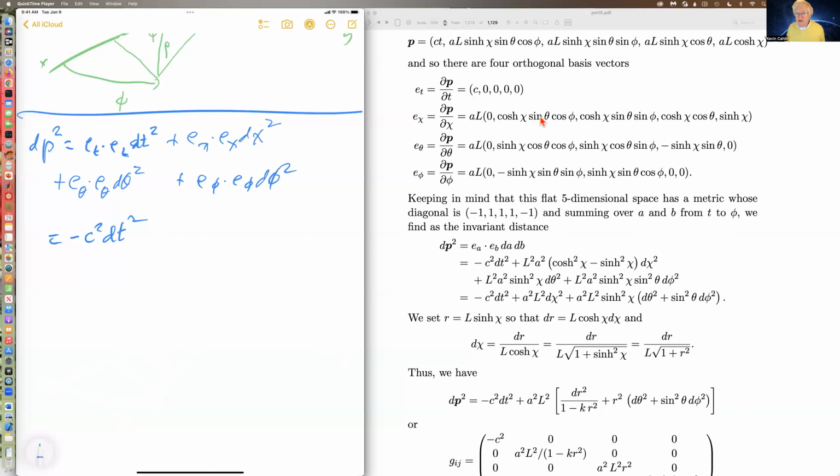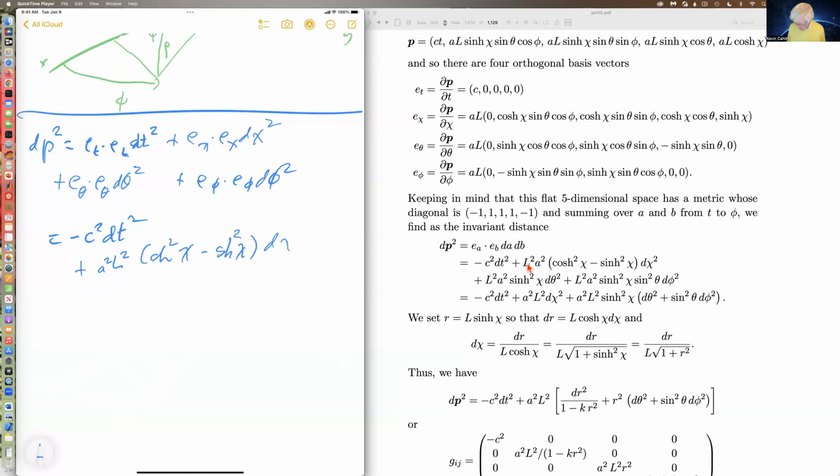And then we have sine squared theta plus cosine squared theta. So we get a cosh squared, and then we have a sinh squared, but the sinh squared comes in with this minus sign. So we get minus sinh squared, and that gives us plus a squared times cosh squared chi minus sinh squared chi, times d chi squared.